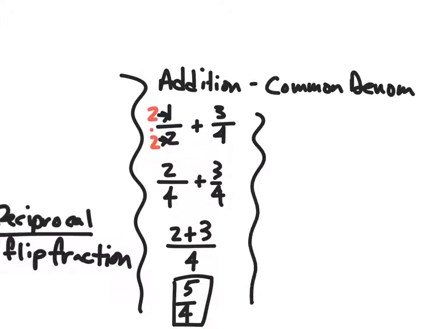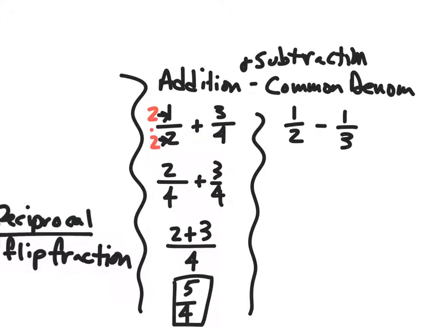Now let's say we have another one, and addition and subtraction work the same way. You just need a common denominator. So let's say I have 1/2 minus 1/3. Now the issue with this one is that with 2 and 3, I can't multiply 2 by anything to give me 3. So what I need to do is think about common multiples of 2 and 3.